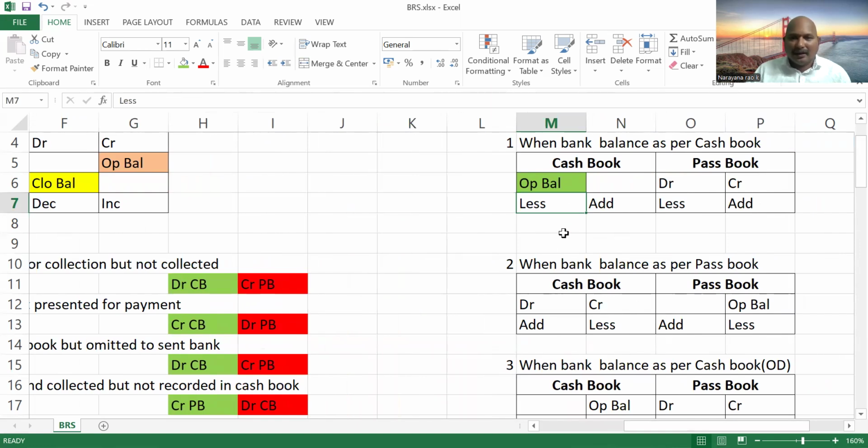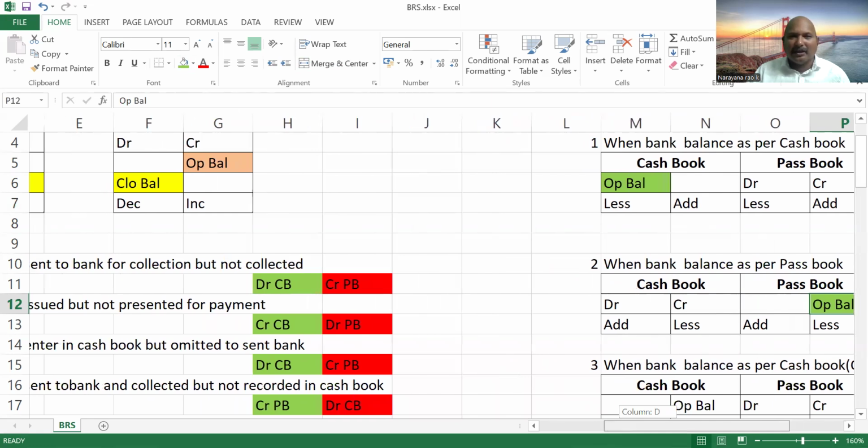Okay. Next, the second type of balance. When bank balance as per passbook is given to find out the cash book balance, here the opening balance is on the credit side. Automatically all the credit items are less, either cash book or passbook. For example, previously we discussed the first point: check sent to bank for collection but not collected, the cash book debit side is less.